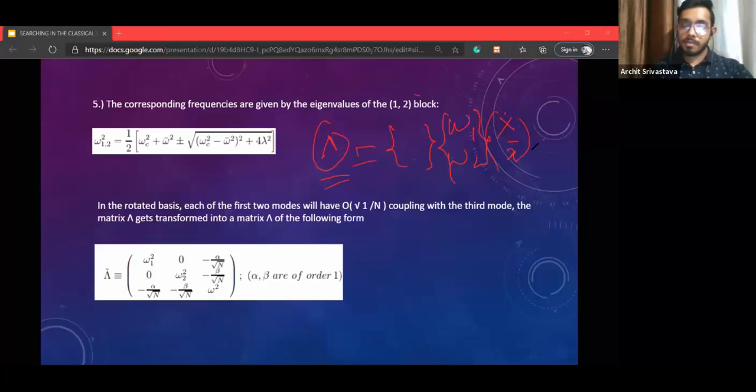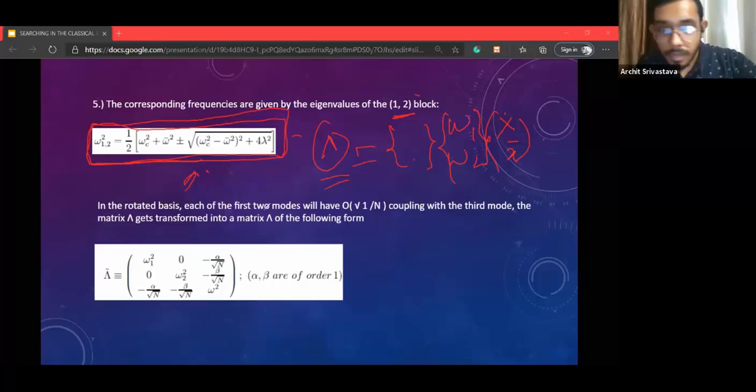Because these were highly coupled together, from there in this 1-2 subblock we get these as the corresponding eigenvalues. So from here we start to get the values of the frequencies that we want to look into.